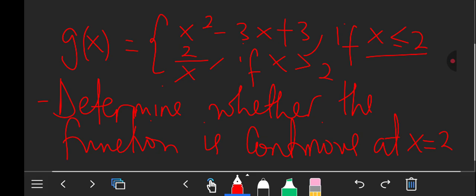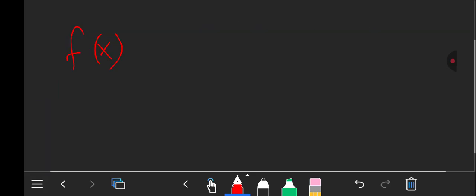For this domain, they are saying x is less than or equal to 2, but for this one, they are saying x is greater than 2. x greater than 2 does not include 2, but x less than or equal to 2 includes 2. So I'm going to use the first expression, that is x squared minus 3x plus 3.